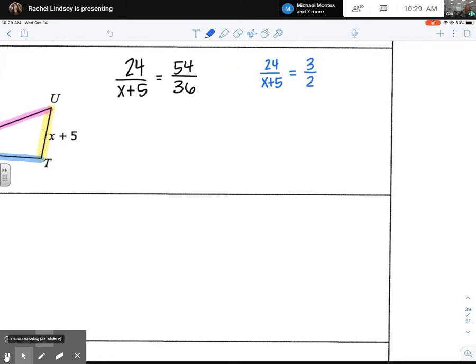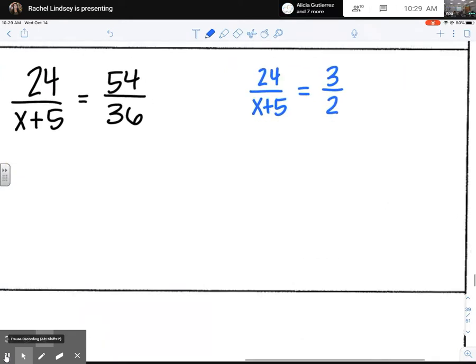I'd much rather work with 3 and 2 than I would with 54 and 36. So I'm going to focus on the blue one right now because in my opinion, that's the way to go. But if you do it the other way, that's perfectly fine too. So cross multiply, I'll have 3 times all of x plus 5 equals 2 times 24.